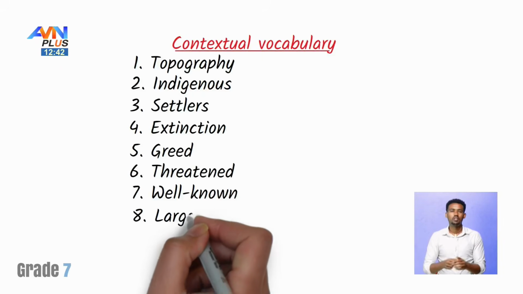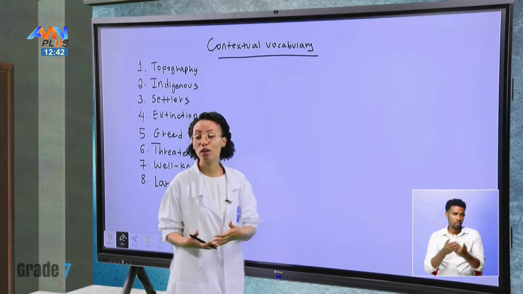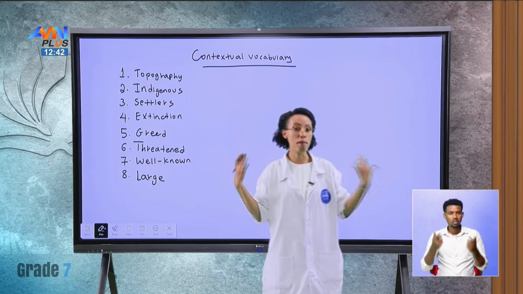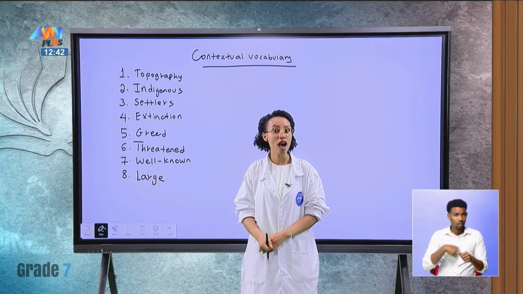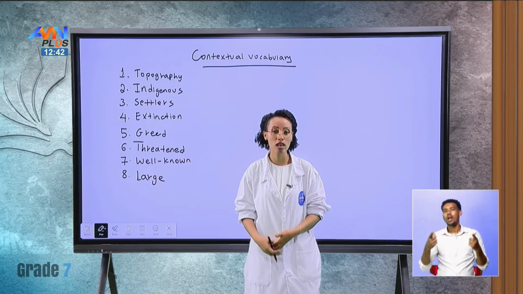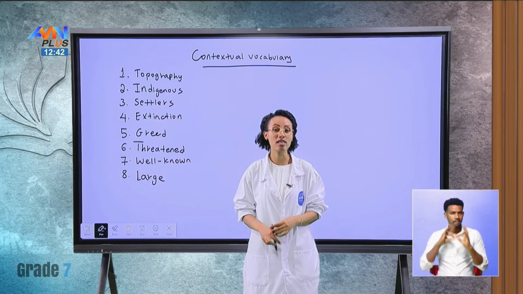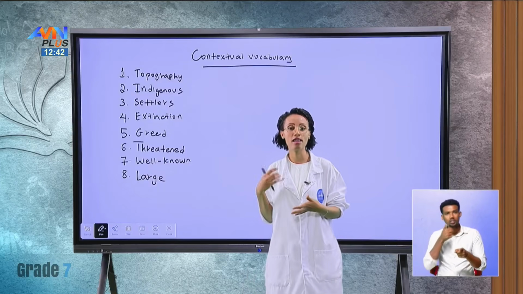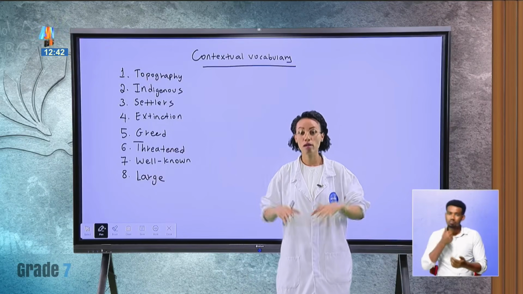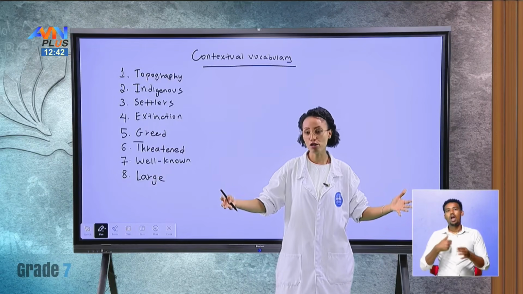This one is the easy part, and you know this means big in amount. We gave an example by saying I have a large family, or my family is large, by saying I have lots of brothers and sisters and cousins and aunts and uncles. That means large, very big.